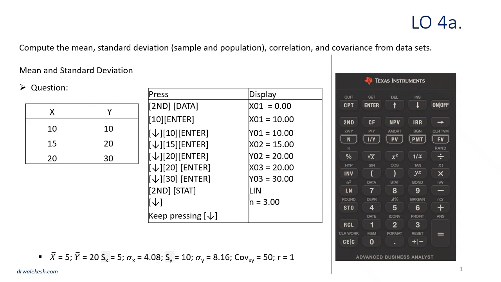It's also worth noting that your financial calculator cannot compute covariance. So to compute covariance, you use the logic we discussed from the previous slide. Covariance of x against y is unstandardized.